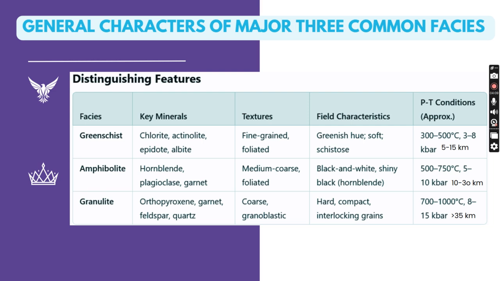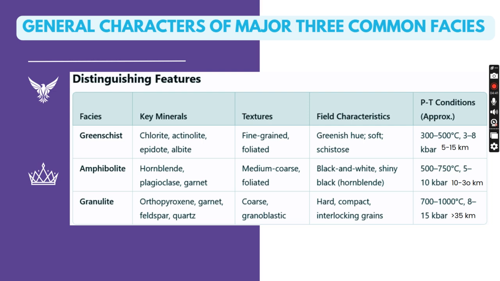But in general, for regional metamorphism, greenschist, amphibolite, and granulite are of most significance, because those are the most commonly encountered rock types in practical geological exploration terrain, like graphite in low grade greenschist to amphibolite, or granulite terrain.